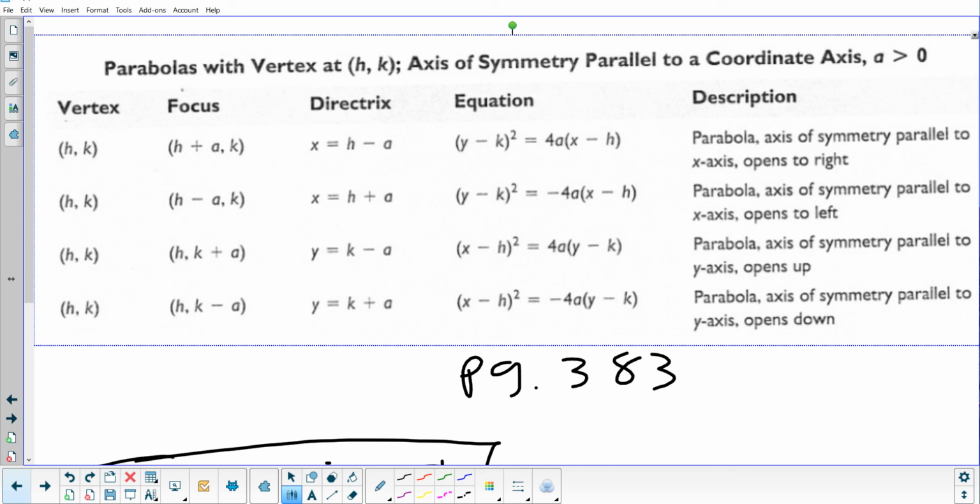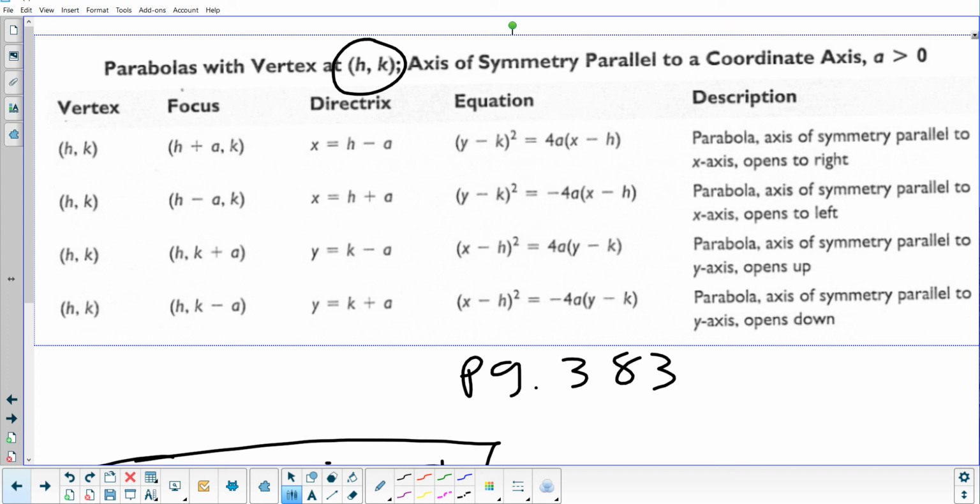The only thing that's different is you either add or subtract something to the x and the y. And if you add or subtract something to the x and the y value, that shifts it either up, down, left, or right. So what these two things are that you're adding and subtracting are h and k.